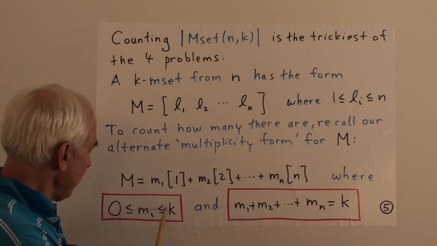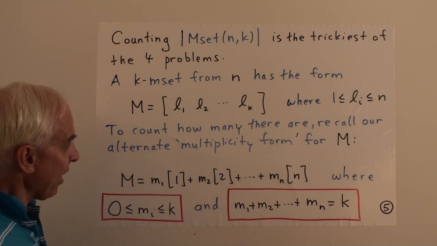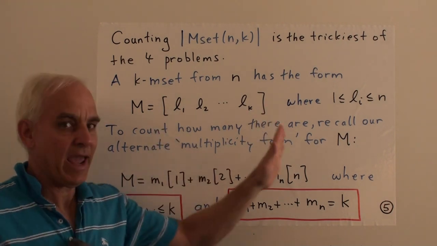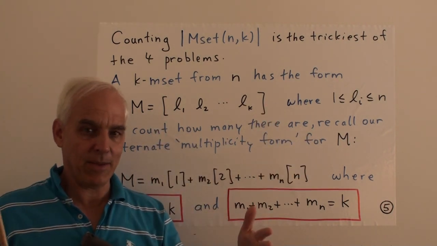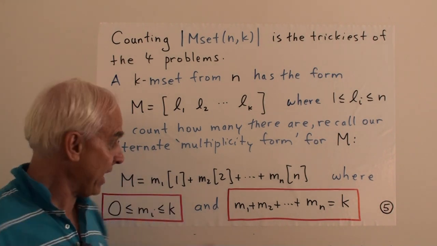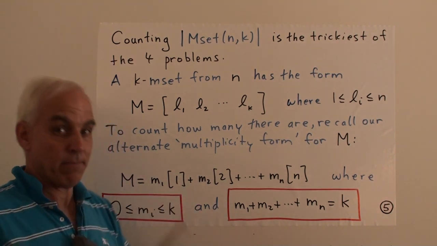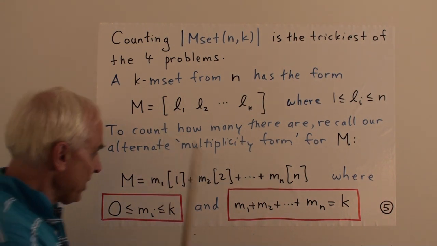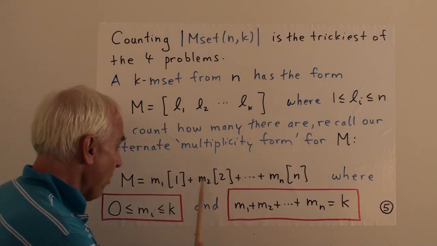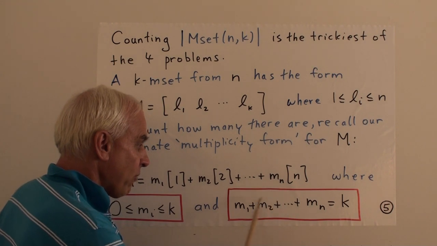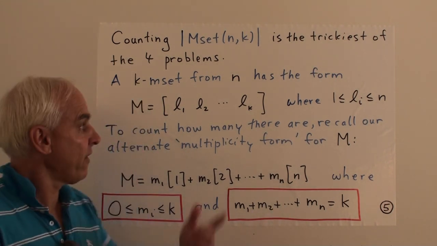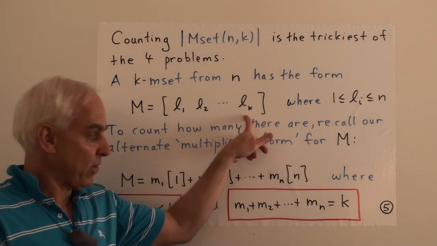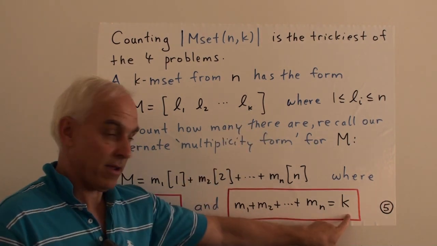And in fact, they're all less than or equal to k because we're assuming that there's k objects in this multiset altogether. So clearly any one of them can only occur at most k times. And the other thing that we know about the m's is that if we add them all up, well, that's the total number of objects in the multiset, which is the size of the multiset, which is k.